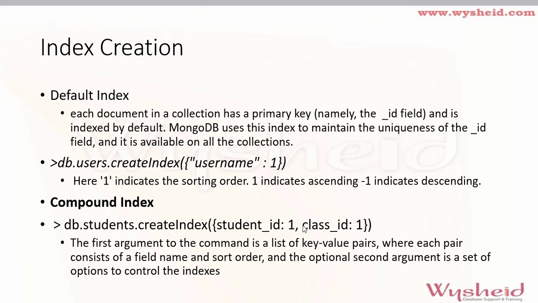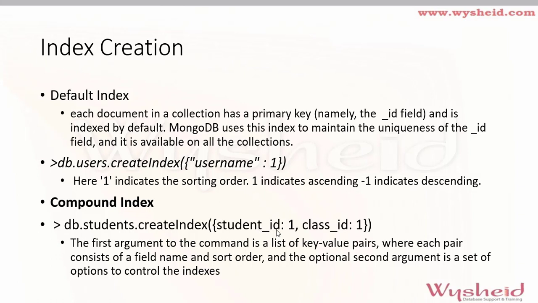but if you want to create a compound index, we should pass more than one field. So we will be passing multiple values here as a part of the document, and each value will contain the field on which the index is to be created and its sorting order. If you take this example, we are creating the index on the students collection, and we want a compound index on studentId and classId.